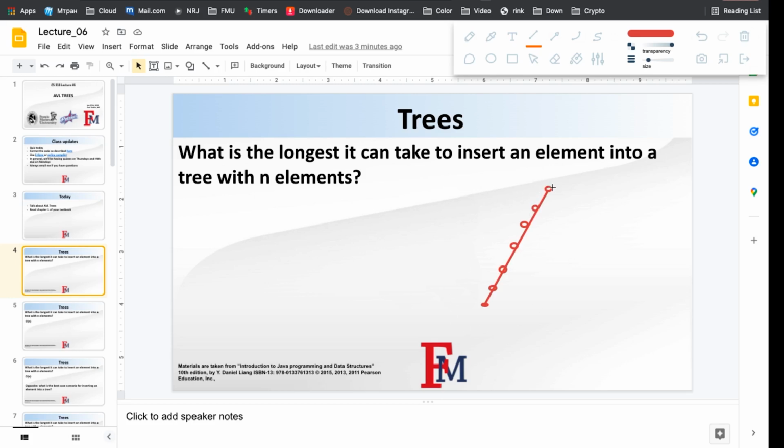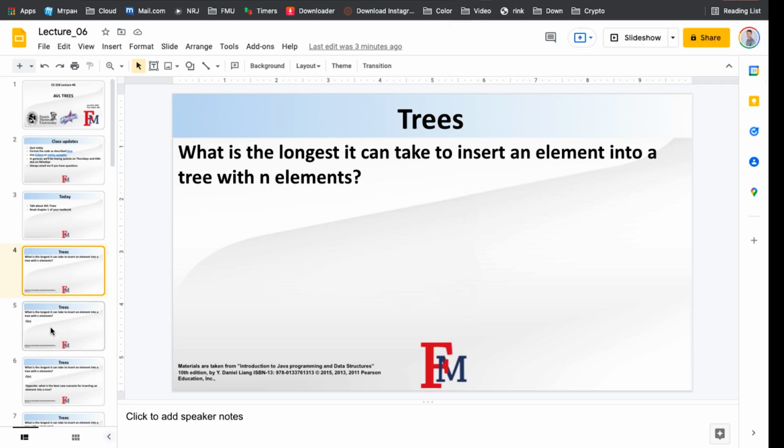Starting from 6, going left to 5, left to 4, and so on, the new node has to become the left child at the very end. So the answer is n, which is big O of n.